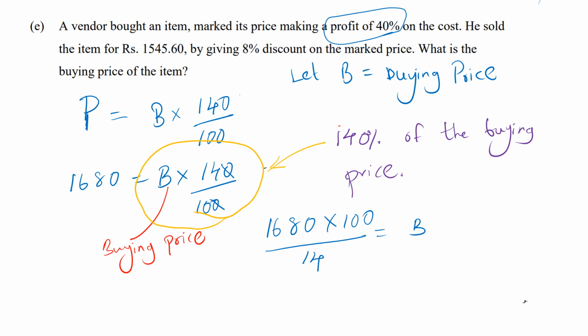You can divide by 14. 14 divided by 14 gives 1. 16 divided by 14 gives 1 and 2 remaining, which makes 28. 28 has 2 14s, and for 0 you don't have any 14s, and this is how you get it.